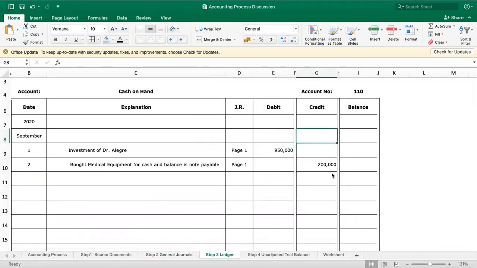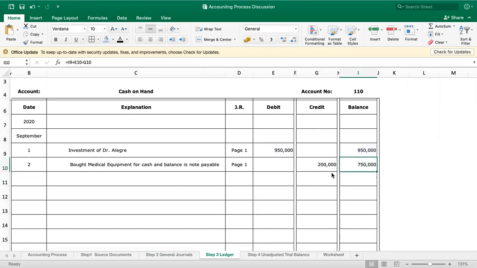Okay. So here the balance, the formula here, since we start from 0, is plus the debit. This is the running balance. That's 950 because you debited on September 1, minus, let's just use a formula, plus the debit minus the credit 200,000.